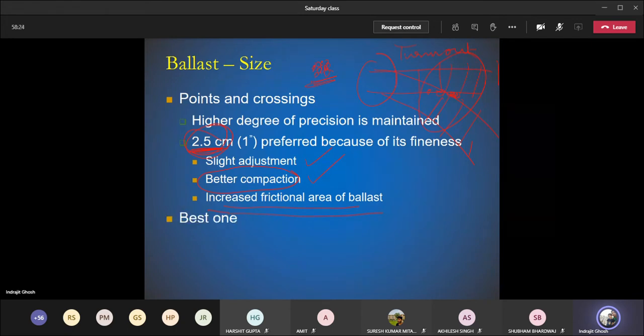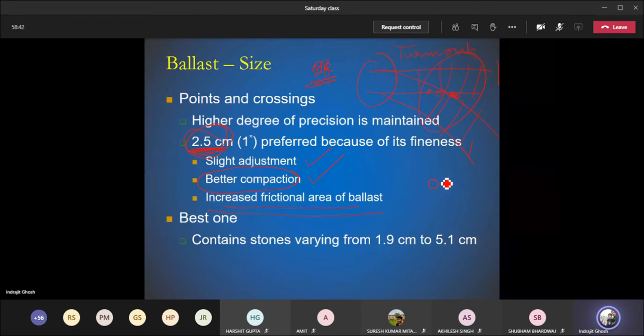Now the best one, when we will say the best, any idea? When we have a combination. So we have stones varying from 1.9 centimeter to 5.1 centimeter. What is the reason?